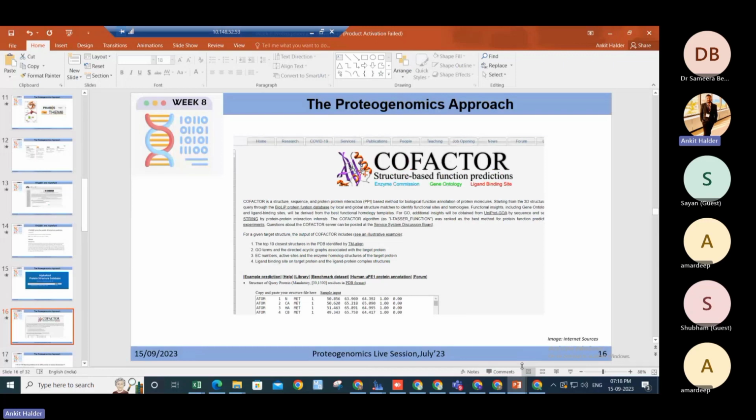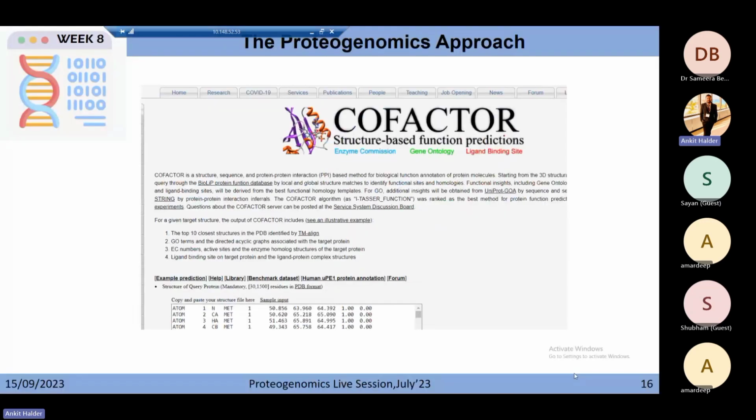If the PDB structure is not available, you can try out three things. One is homology modeling using Modeller, or there is the tool Swiss-Model, or you can use AlphaFold or I-TASSER to find those protein structures and then their functions, and also try out different protein interactions, etc.